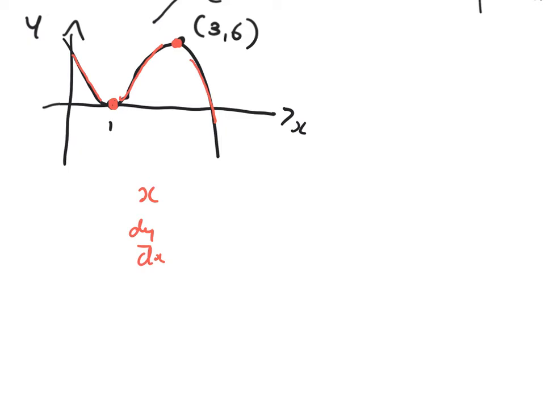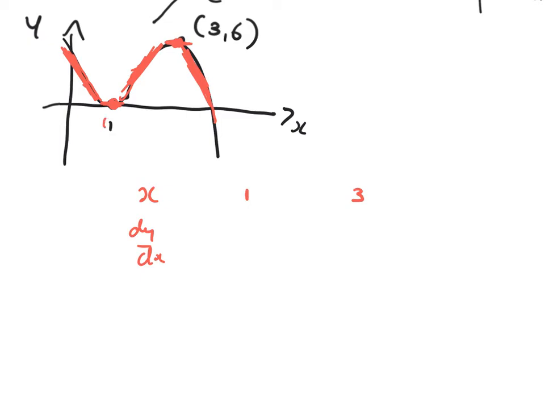Now when the x coordinate is 1, we know that we've got 0 gradient, and when the x coordinate is 3, we can see that we've also got 0 gradient. So we're going to look at the behaviour of the curve, i.e. its gradient, before we get to 1, between 1 and 3, and after 3. So in short, we're going to look before stationary points, at stationary points, between stationary points, and after stationary points.